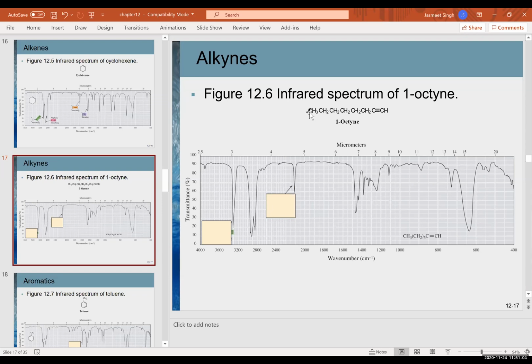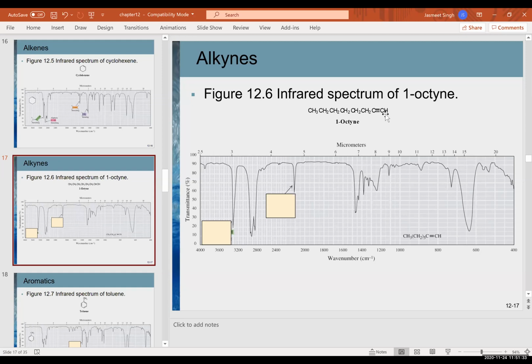So these are sp3 hybridized carbons, right? So this CH stretching comes from 2800 to 3000. So now you know these are characteristic patterns. In alkenes, the CH directly connected to the double bond was right here, at a little bit more than 3000, right?